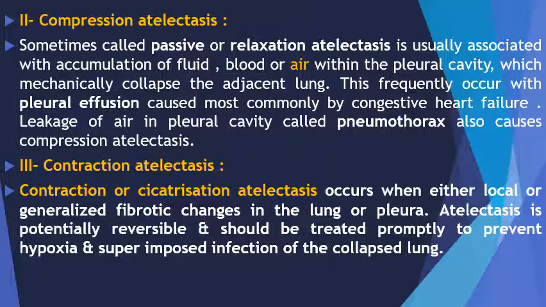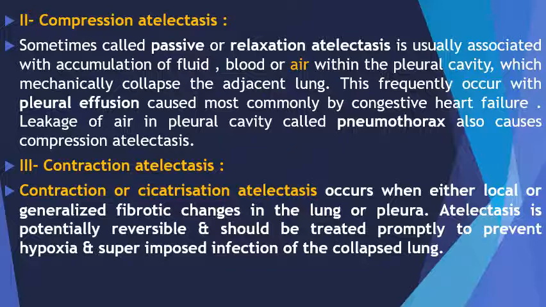The other form of atelectasis is compression atelectasis. In other words, it's called the passive or relaxation type of atelectasis. It is associated with accumulation of fluid, blood, or air in the pleural cavity, which mechanically collapses the adjacent lung.